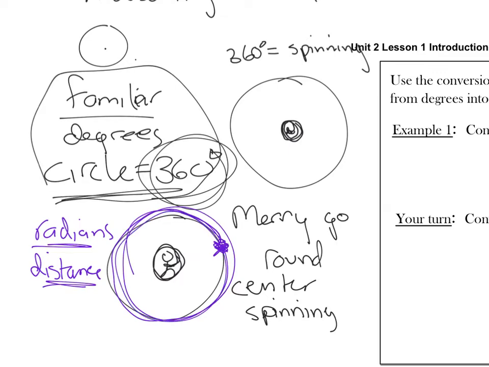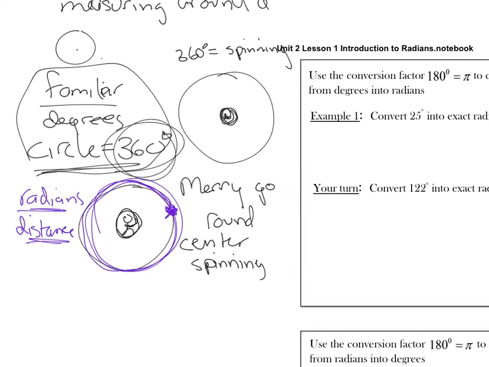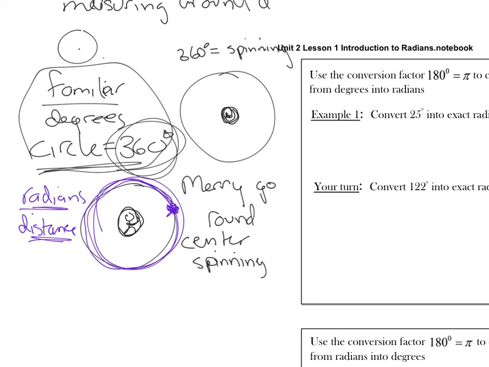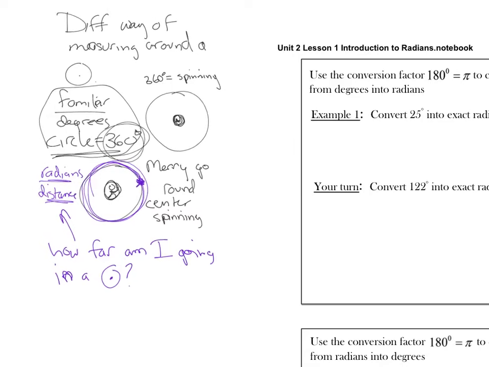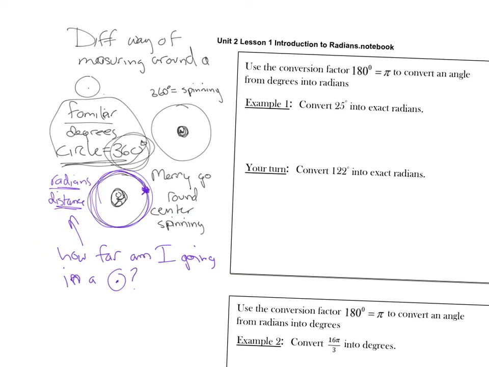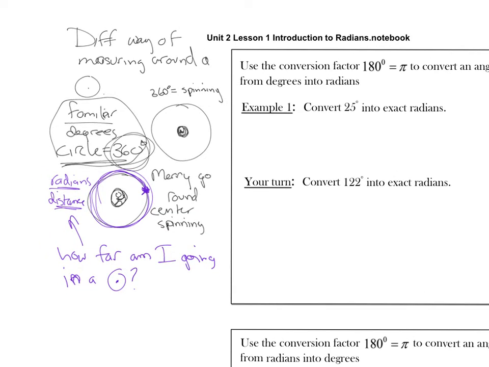That's the big difference here. You're looking for how far am I going in a circle? That is your question. So you're trying to convert between spinning in a circle versus how far you're traveling in distance.